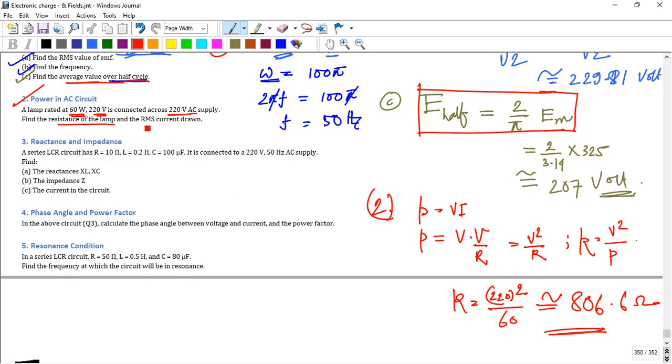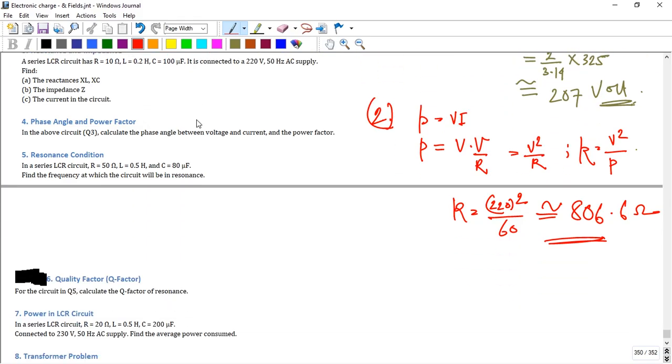And what is the RMS current? Okay, now we find the current I. Okay, so here you know the power and voltage. So what is I? So I equal to P by V. So here you get power equal to 60 watt, voltage is 220 volt. So here you get 6 by 22 means 3 by 11.